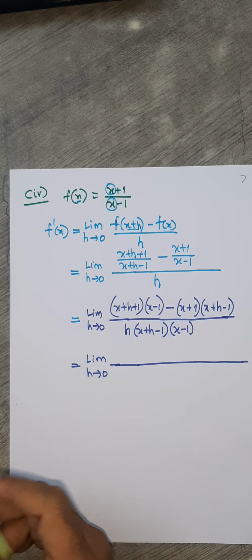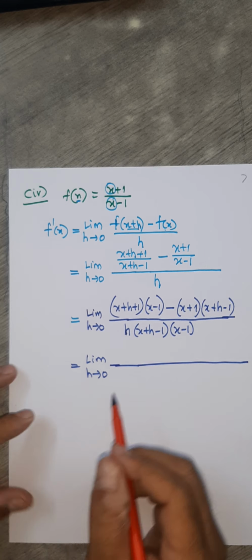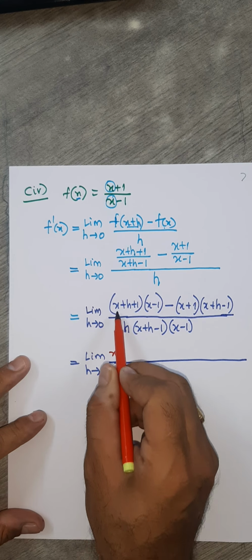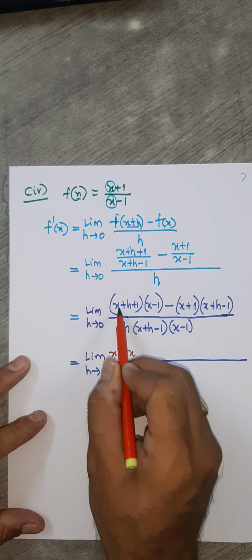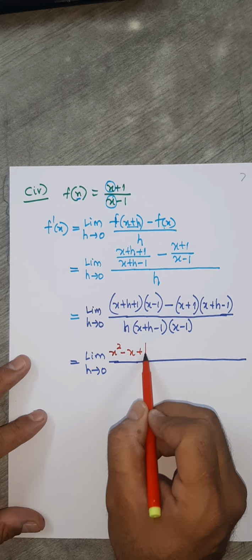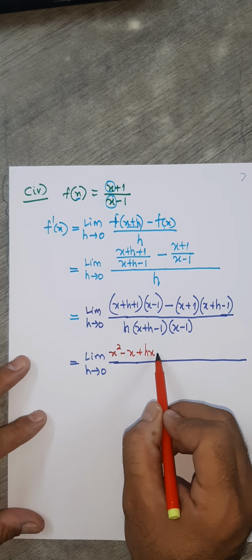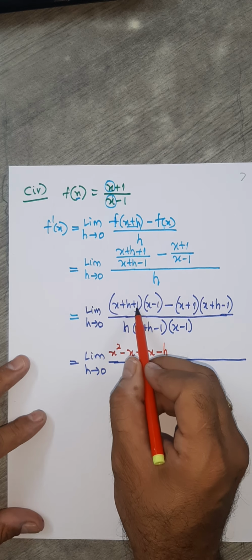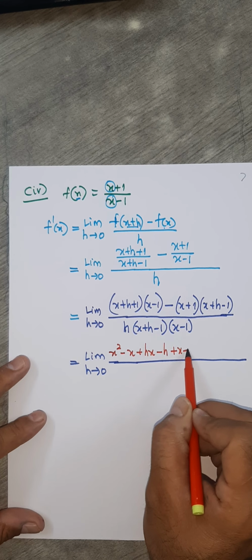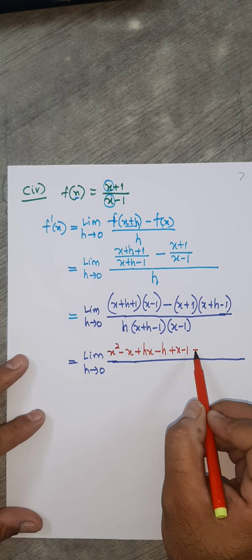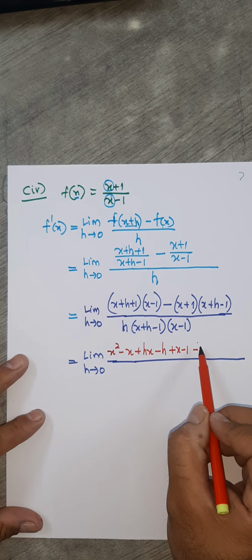So if I open the bracket, we will get x squared minus x plus hx minus h plus x minus 1 minus x squared.